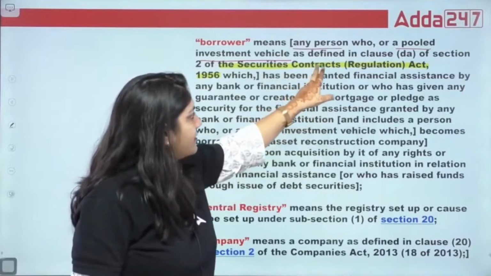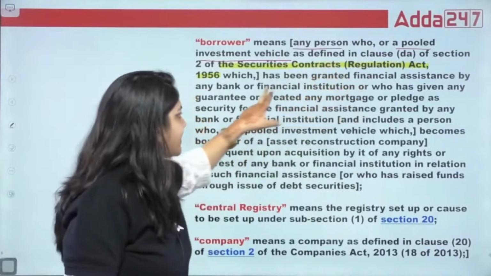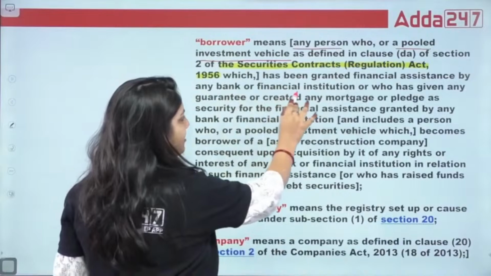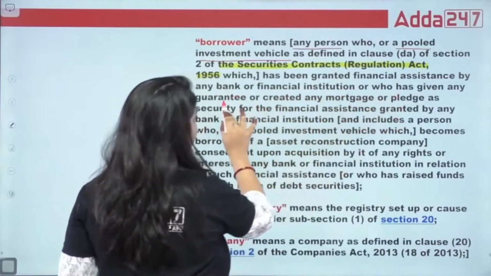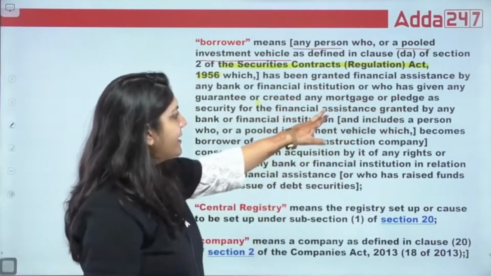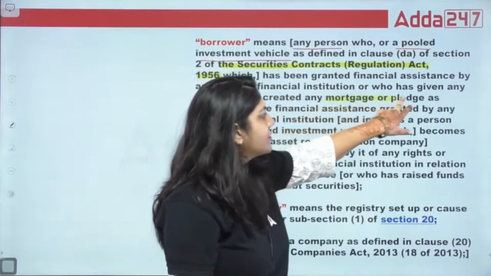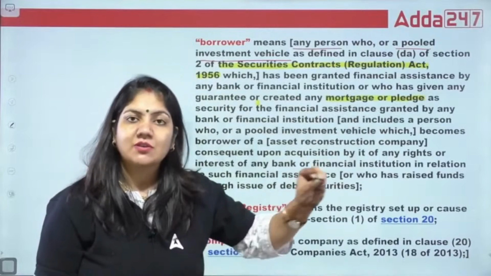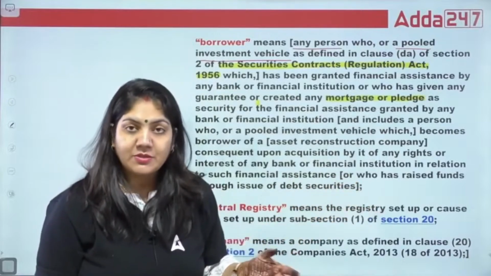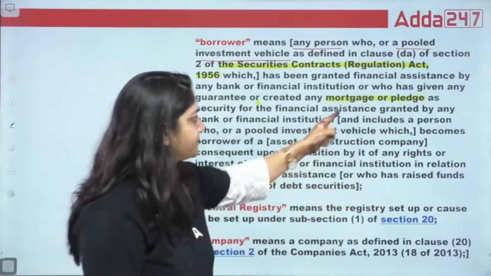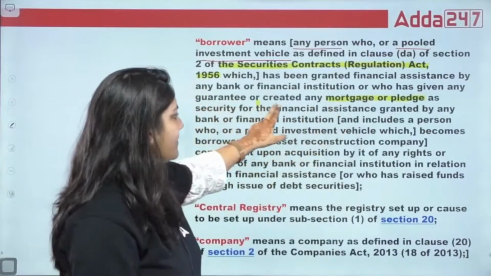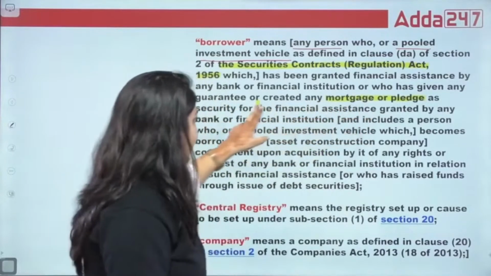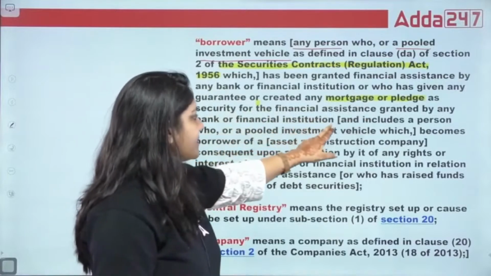So these persons have been granted financial assistance by the bank and financial institution, or have given any guarantee and created any mortgage and pledge, because when we take money from the bank and financial institution, we have to give security. It may be of movable property or immovable property, as security for the financial assistance granted by any bank and financial institution.